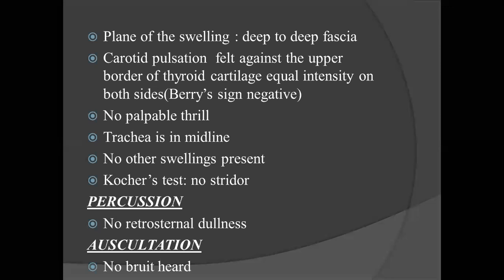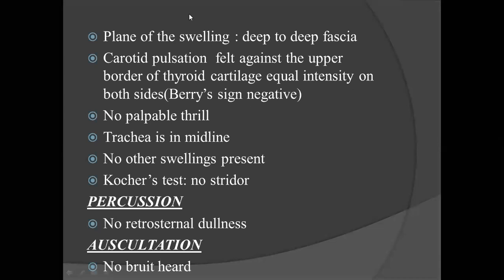Correct? If I am not able to palpate it, there might be two reasons. One is the huge thyroid gland might push the carotid behind, and I am not able to access it. The next possibility is a malignant thyroid infiltrating into the carotid sheath, so I am not able to feel the carotid. So how do I decide this dilemma, whether this is infiltration or a huge gland? If I am not able to feel the carotid pulse here, then I go back to the upper border of the thyroid cartilage and feel it there.